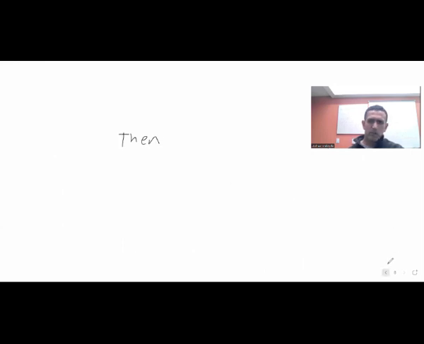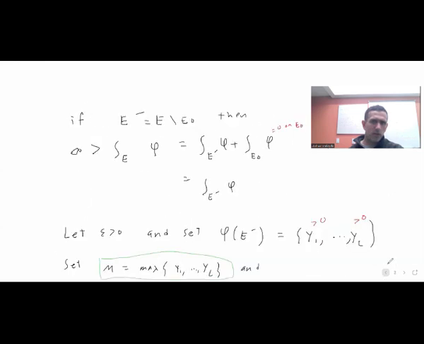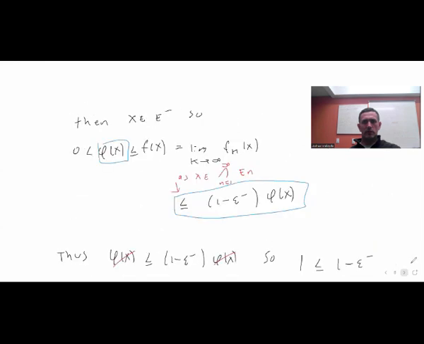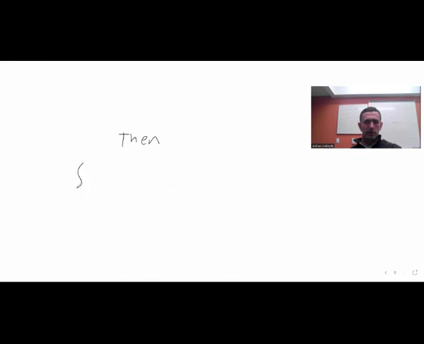Okay, so what's my original goal? Need to get a lower bound on these integrals. That's kind of the goal. So this here is bigger or equal to integrating over E prime take away E_n.